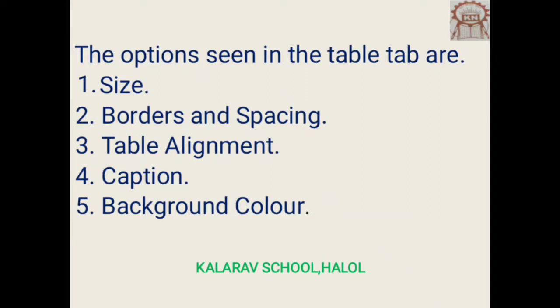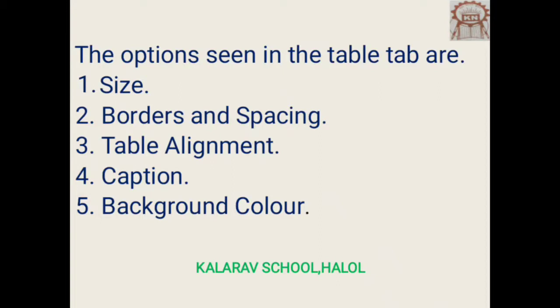Let us discuss the options of the Table tab. Size shows the number of rows, columns, height and width of the table. Height and width can be specified in pixels or percent of the window.